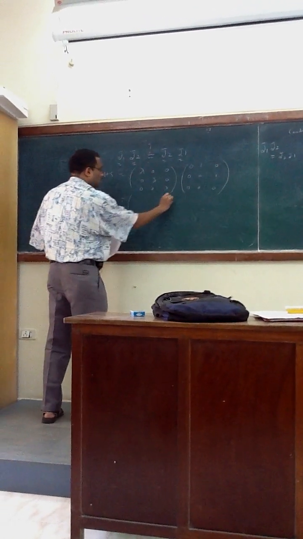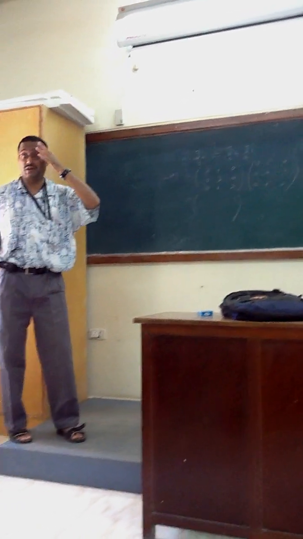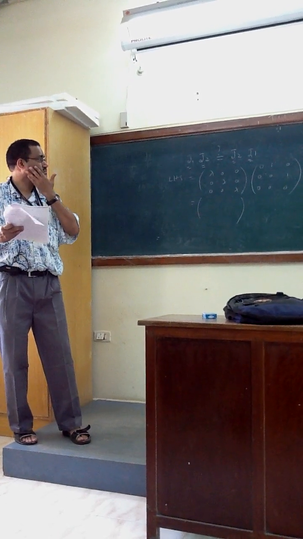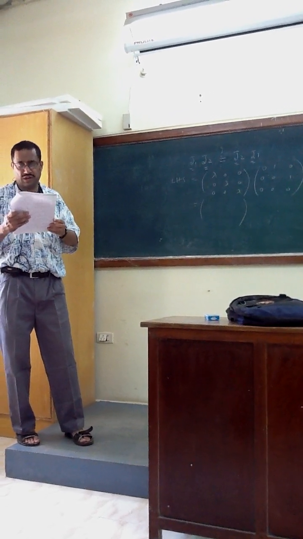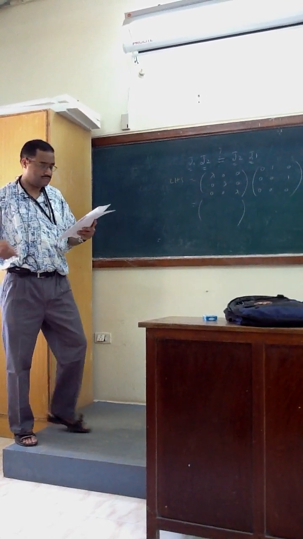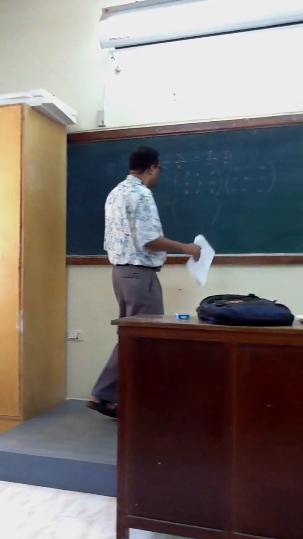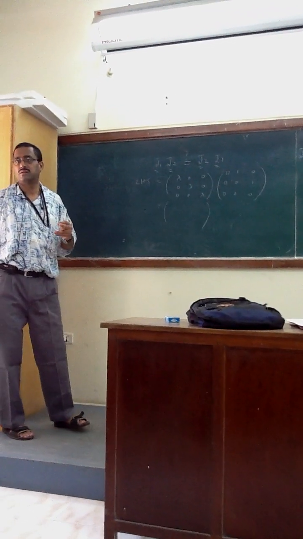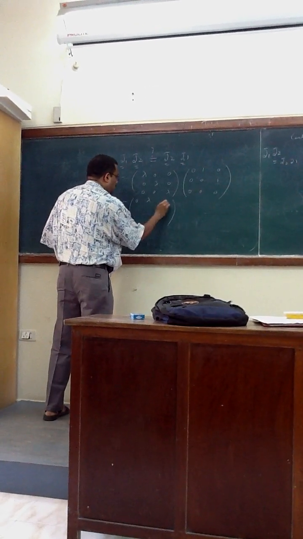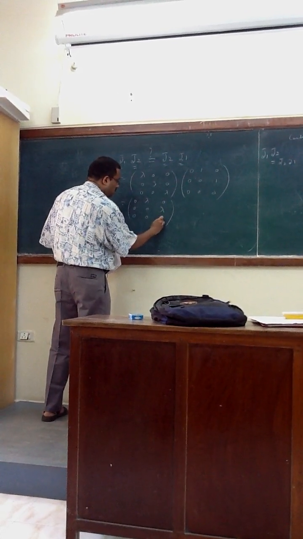What are you getting? Quickly give me the answer. This is a very easy multiplication. The result is 0 lambda 0, 0 0 lambda, 0 0 0.